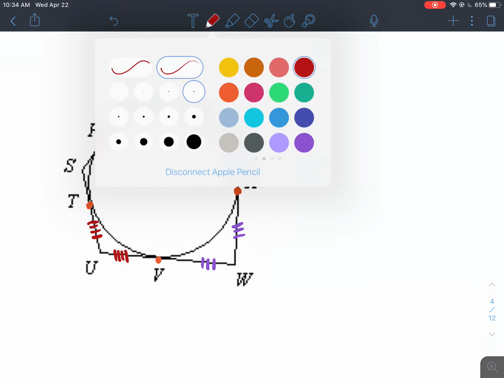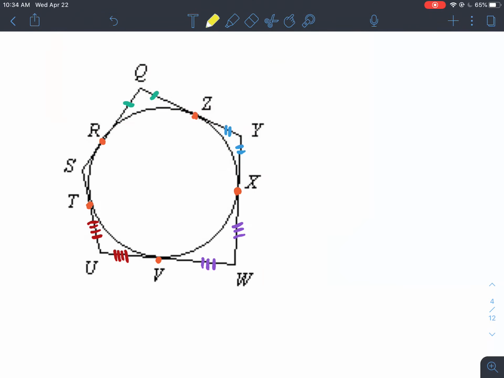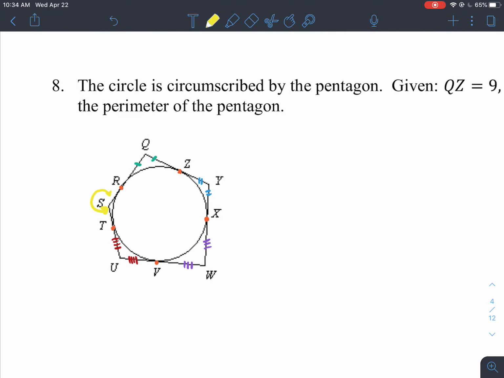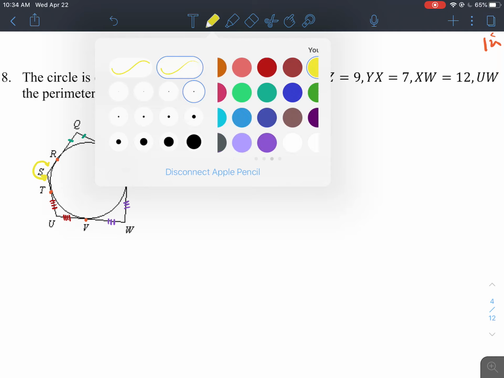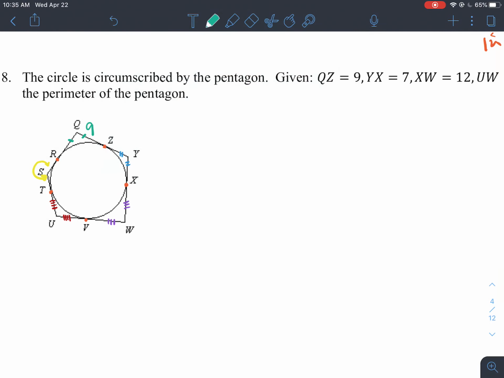And I'm running out of space. And then our last one, I'm just going to point. This one is equal to that one, because I can't fit 5 on there. So then when they say, okay, well, QZ is 9, if QZ is 9, then that's going to say QR is also 9.